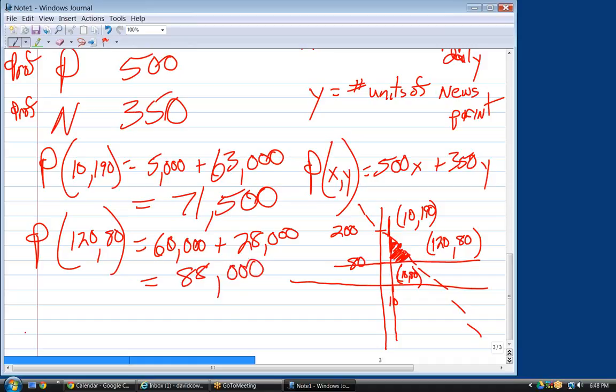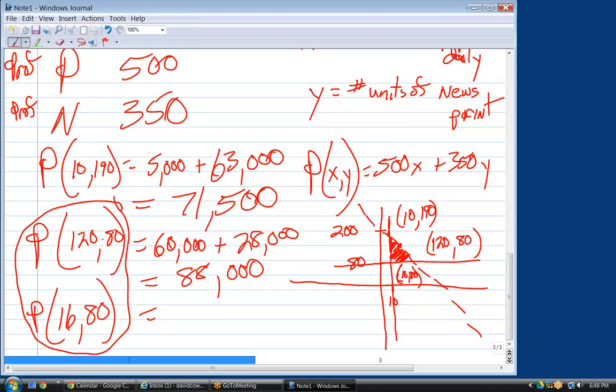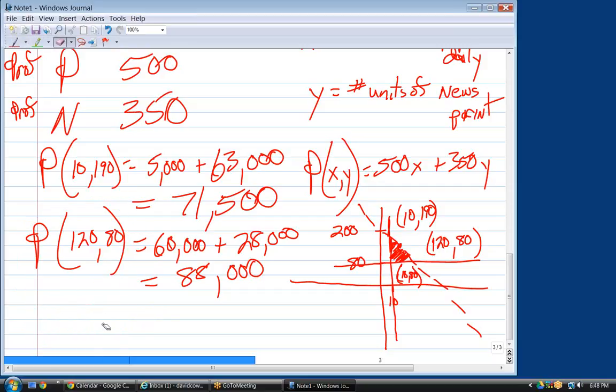This is. And just to see what happens if we plug in this one, it usually produces a minimum. Notice that we don't even need to do this one because it has to be less than that one. I'm substituting 80 for y and I'm substituting 10 instead of 120, so there's no way this is going to be the maximum. I don't even need to test it. It would be a much smaller number. That is linear programming.